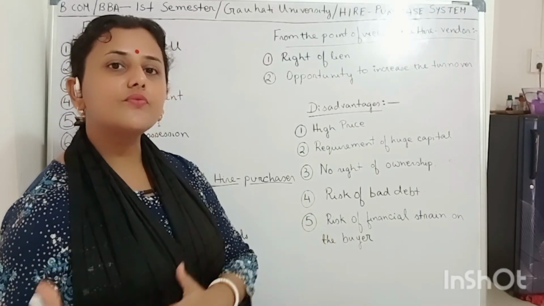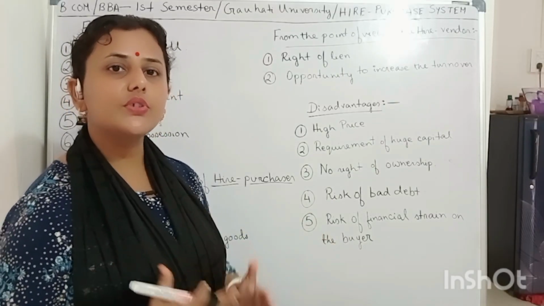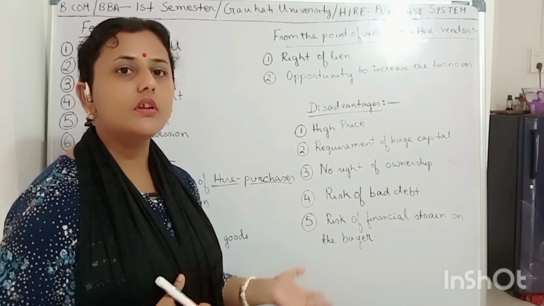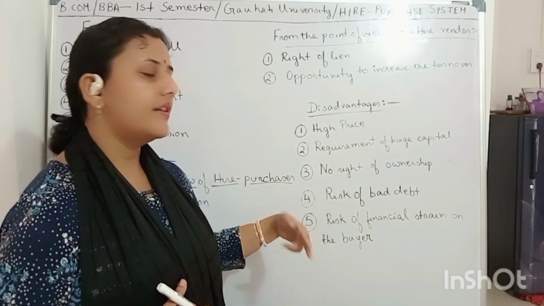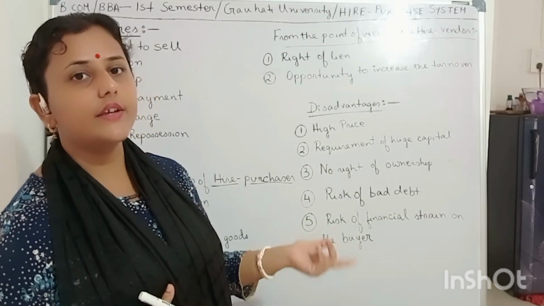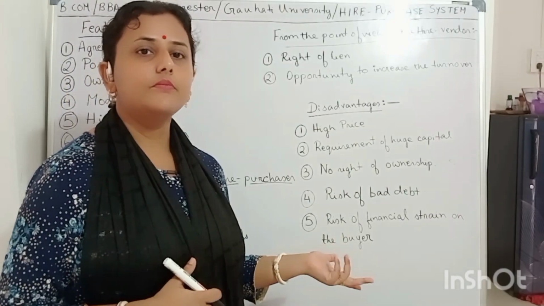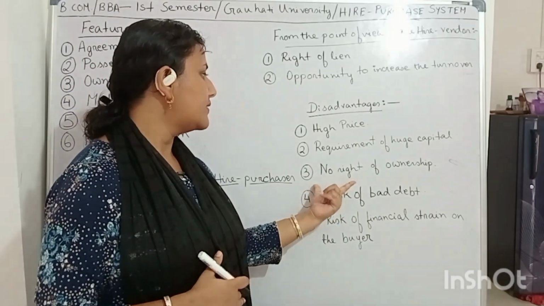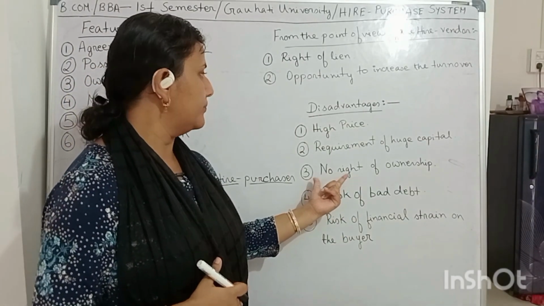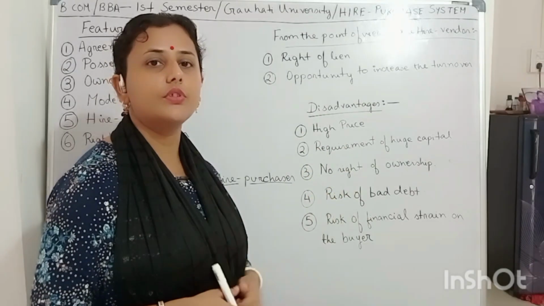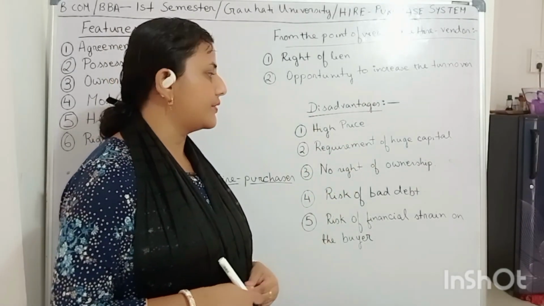After the payment of the last installment, ownership is transferred to the hire purchaser, and the hire purchaser can now sell the asset. So that is said in point number 3. It is a disadvantage for the hire purchaser.